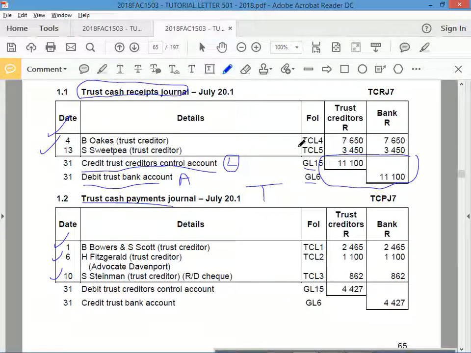I've never ever seen UNISA give any marks, or any institution actually, for folios, because folios are folios. You actually don't have to do that because nowadays everything is done electronically. The computer will give you the folio. The computer will give you the reference.